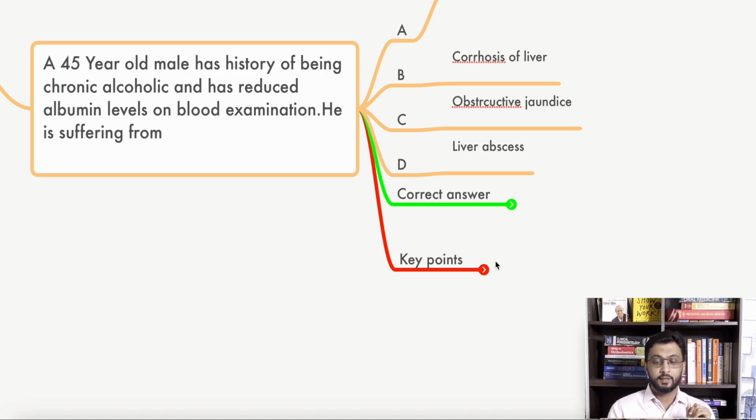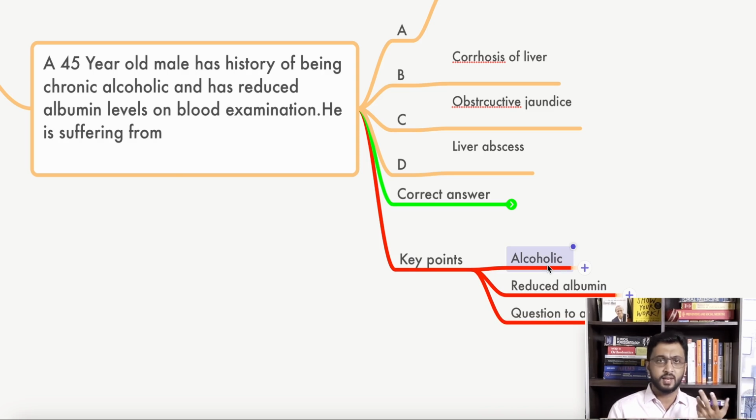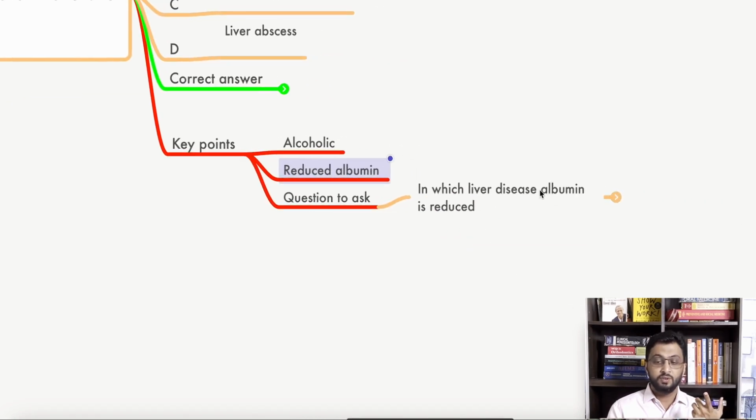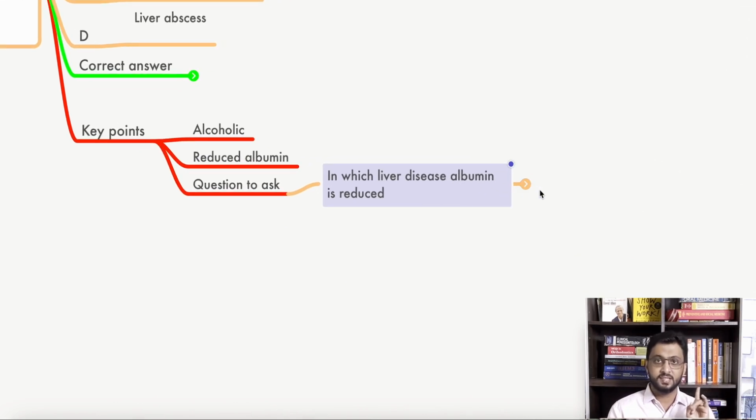Now here the key point is, the patient is again alcoholic. There is reduced albumin. So what is the question you have to ask? Albumin, I told you it's a protein. In which liver disease is albumin reduced? The answer is, not in all liver disease is albumin reduced.